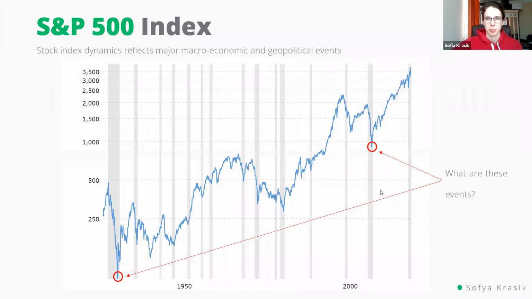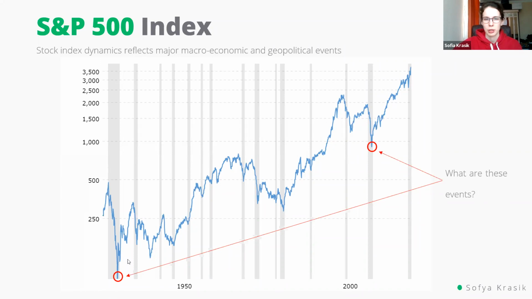So, one example of why an index can be useful. As we said, an index can be useful to follow the whole market in total without following each company separately. Usually the stock dynamics reflect some major events. Here you can see the historical price, with quite bad resolution in years, but you can still estimate.